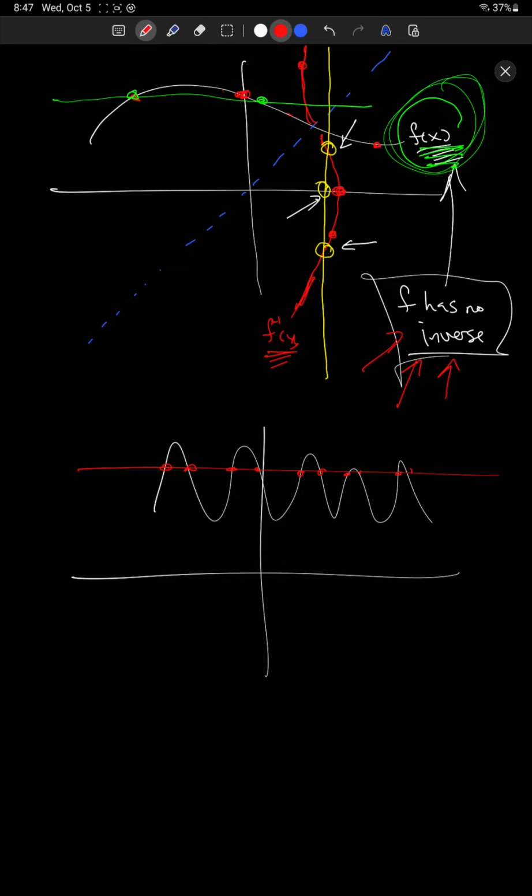Or let me say it this way: your proposed inverse is going to have situations where one input corresponds to many outputs, which is totally illegal. So now we can literally see that sines and cosines definitely are going to be a huge problem for us in considering inverse functions.